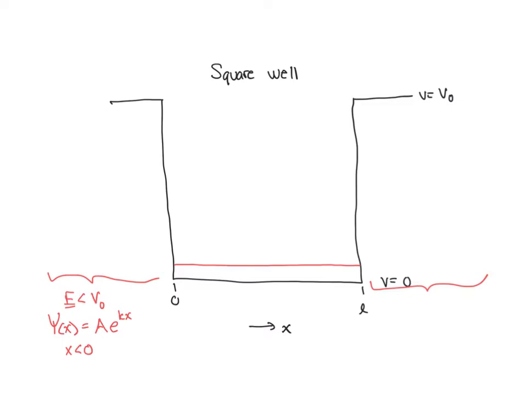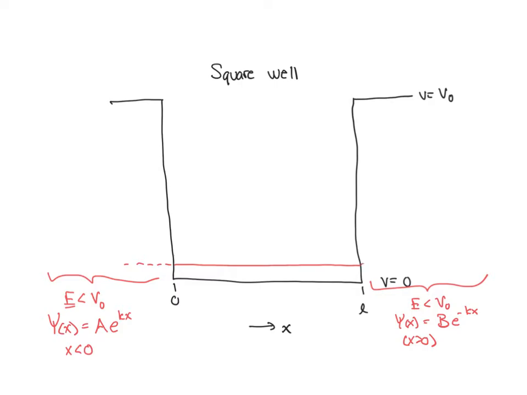And then over on this side, we still also have E being less than V naught, and so my wave function is going to be real, and it's going to have some normalization constant, but in this case, we're going to have e to the minus kx, because in this case, x is greater than 0. And so we know what our wave functions look like outside of this well.